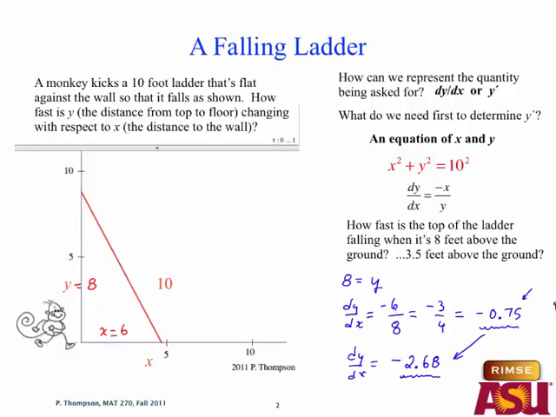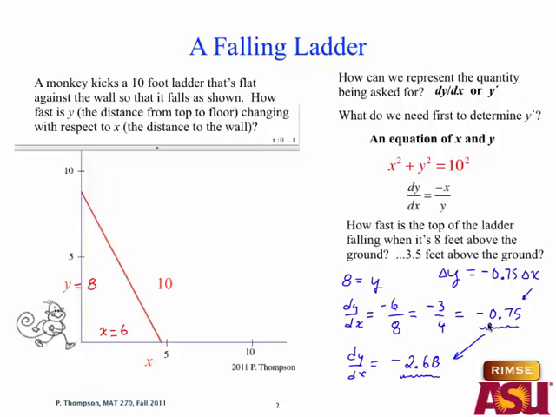So negative 0.75: the change in y is negative 0.75 times as much as the change in x when y equals 8 and x equals 6. For what kind of change in x? Super. Really small. For a small change in x, y is going to change this many times as much.